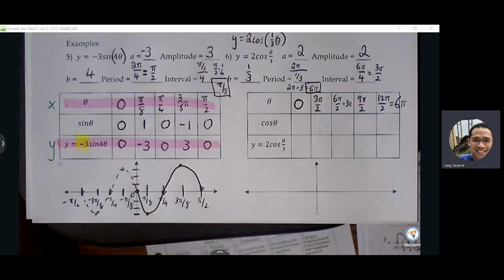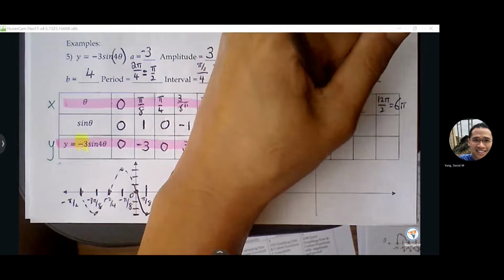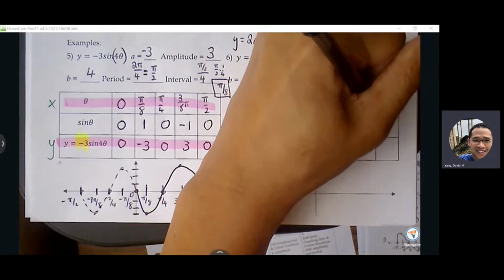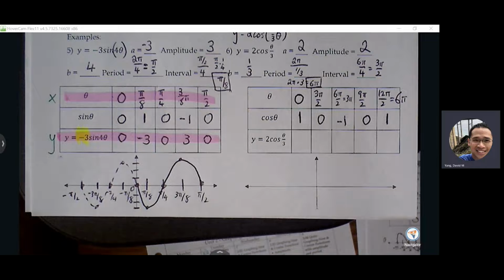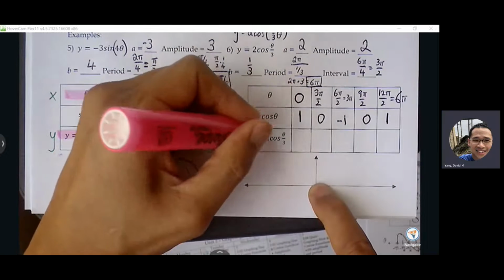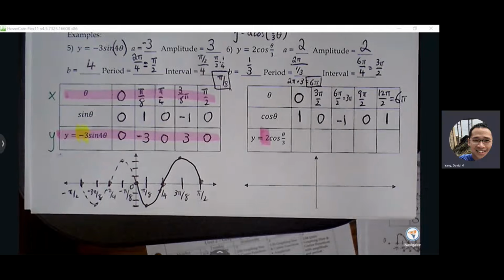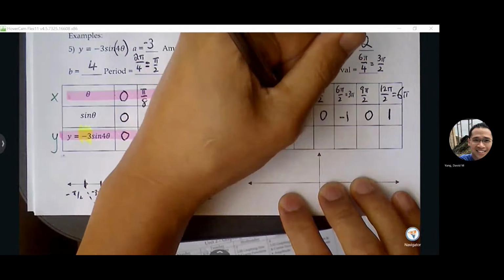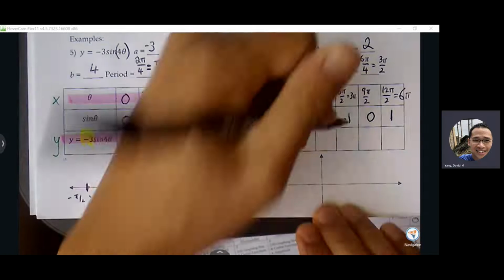Okay, where does cosine start? The parent graph starts at 1 and makes its way down to the lowest point and rises back up to its starting y value. But this is not the y value we want to plot, right? What do we want to multiply that by? 2, because our amplitude is 2, so I've got to multiply by my A value to get my true height. So multiply all your parent y values by 2.